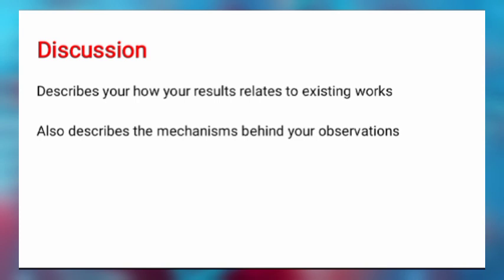That is the one most important thing that we should do when we are writing our discussion. Anytime that you are writing your discussion, try and relate your figures, your observations, to existing literature to find out whether you are in line with them or you are not in line with them, and also describe the mechanisms involved in various observations.